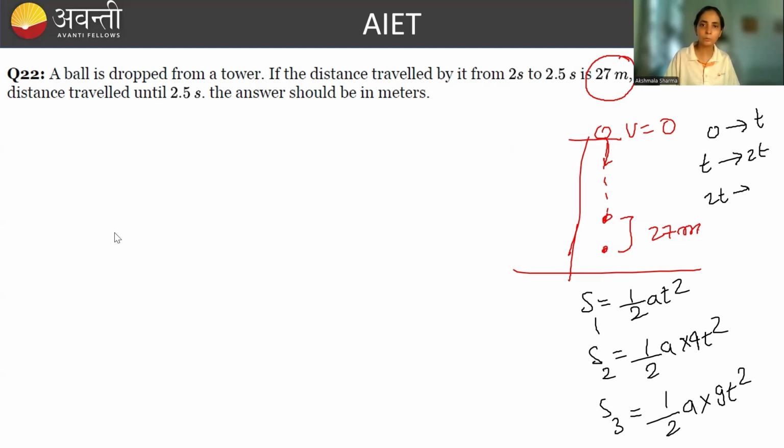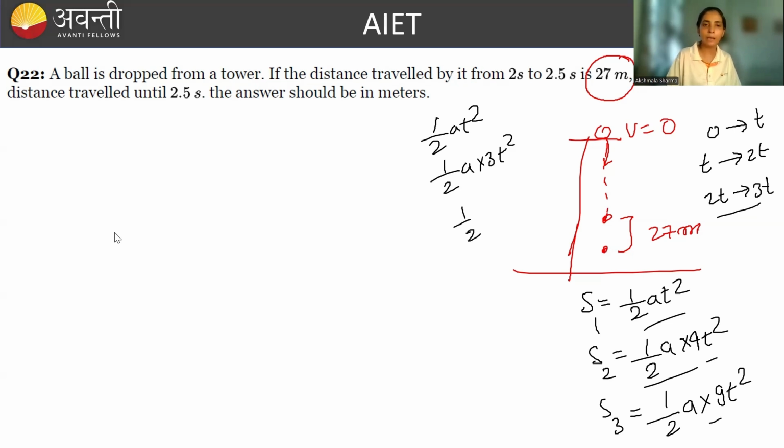From 2t to 3t, how much distance? So 0 to t it covered half a t square. From t to 2t, if you subtract this from this, how much will it be? Half a into 3t square. And for this, you subtract this from this, so you will get half a into 5t square.